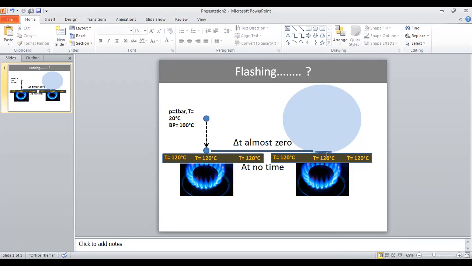See the difference. Initially a negligible volume finally becomes a huge gas bubble. So this happens at no time.